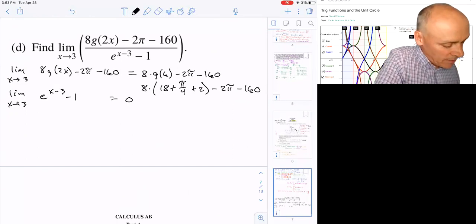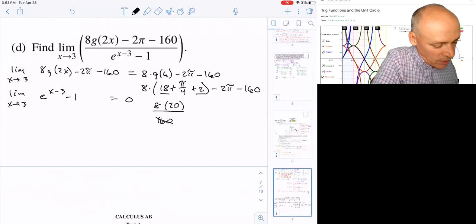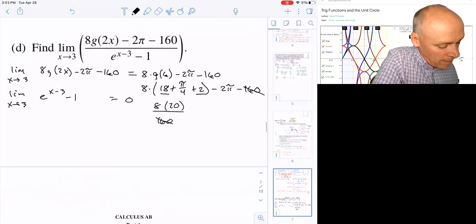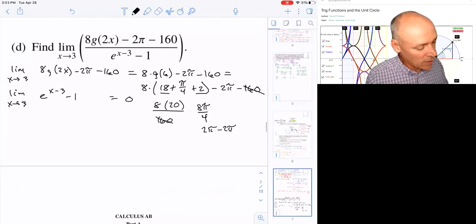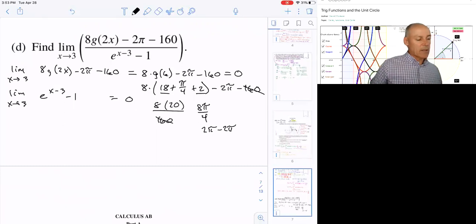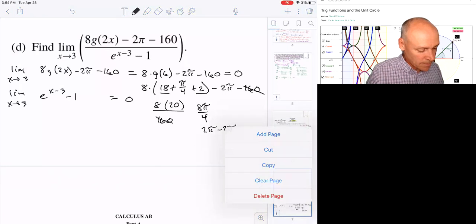Well, you can kind of see if I take the 18 and the 2 and I make that 20, 8 times 20, okay, there's the 160, which is going to cancel with that. And then if I do 8 times pi over 4, that's going to be 8 pi over 4, which is the same as 2 pi. And then I'm subtracting 2 pi. So wow, that was a lot of work, but that means my numerator also works out to be 0. So it is going to be L'Hopital.